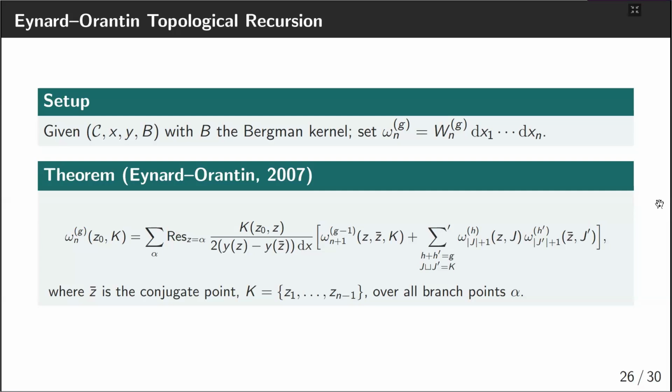This is a long equation, but what it says is that z-conjugate is the conjugate point, and the sum over all branch points combines the residue with the product. This theorem uses a kernel to solve for the residue.